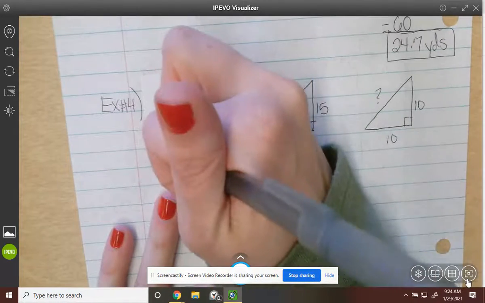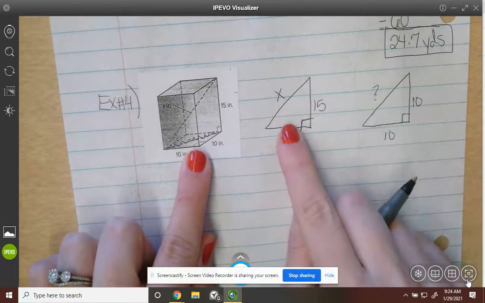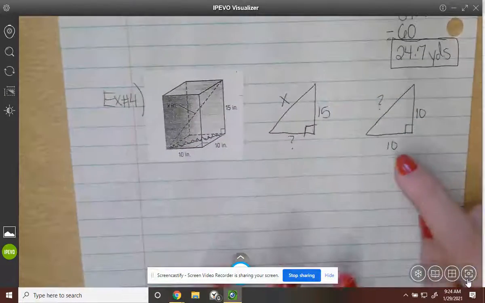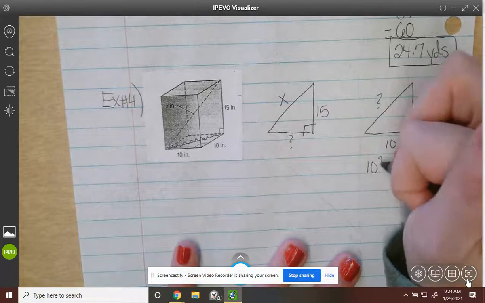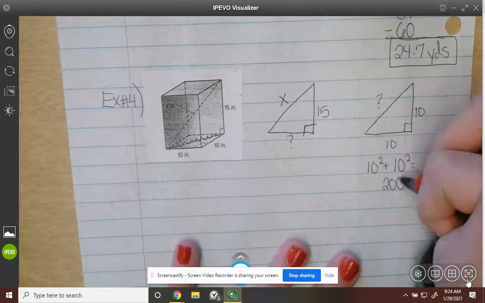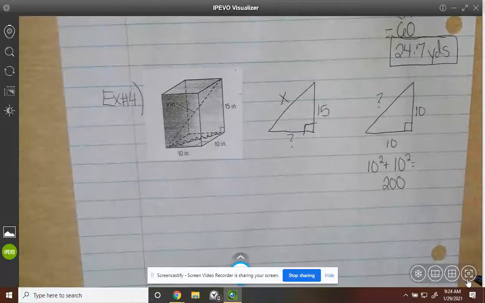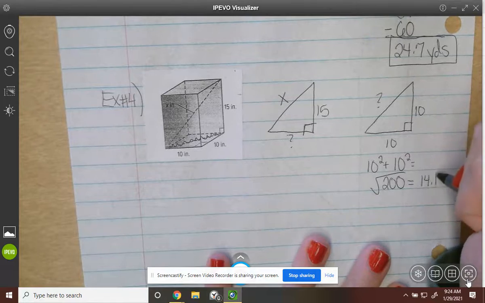You guys see how this line is the hypotenuse for this one and the leg for that one. So first I need to figure out what this is. So if I have two legs, I'm going to add. That gets me 200. And then I square root 200. And that should get you 14.1.